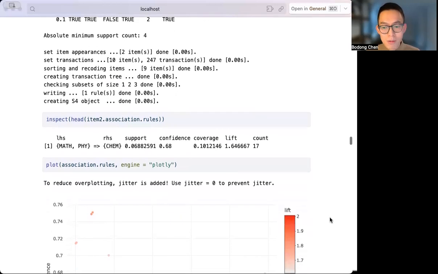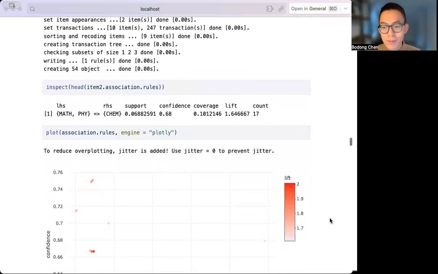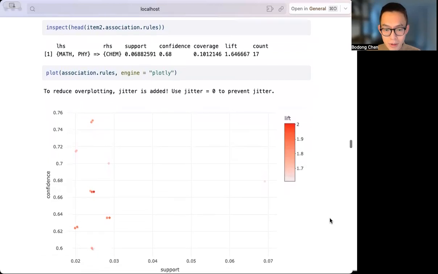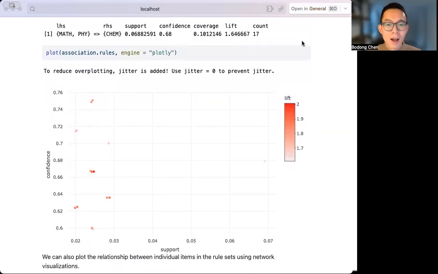And one important way to do that, as we have been doing in this module, is to look at some plots. There are plotting functions built into arules that you can use. Here it's just called plot, and you can say the engine is called plotly. It's a JavaScript-based library, which makes your visualization interactive, right?